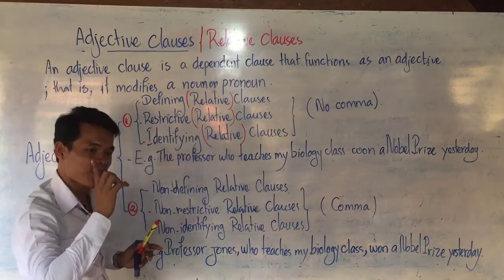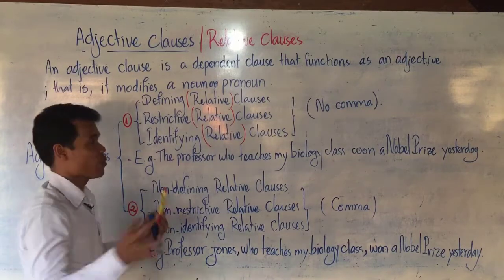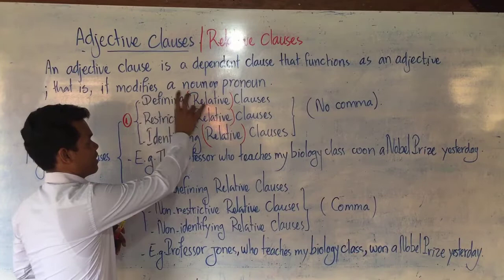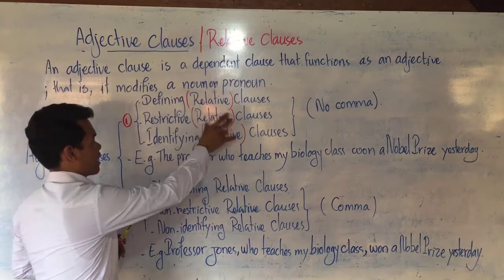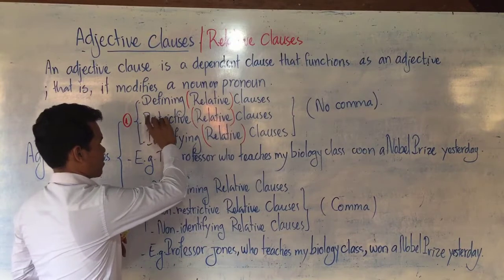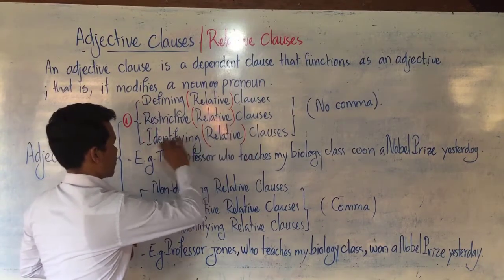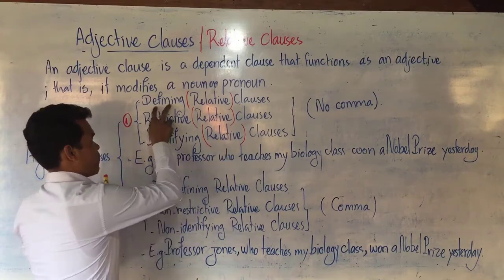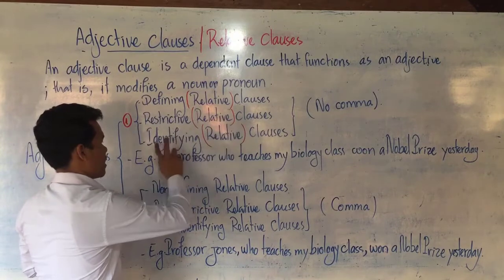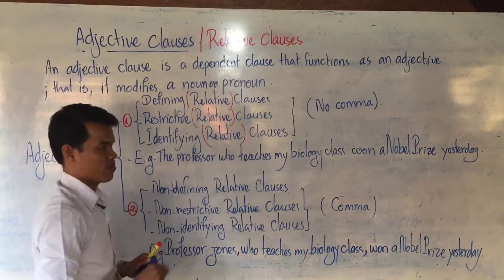These three names are only one adjective clause, not three at all. Defining clauses, restrictive clauses, identifying clauses are only one adjective clause.